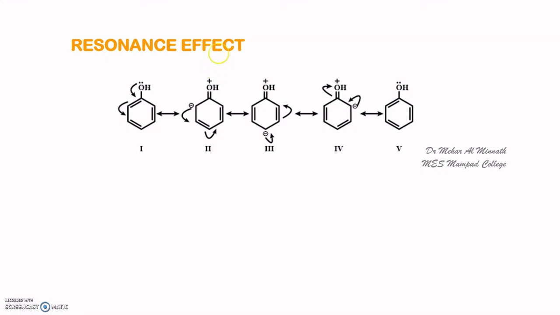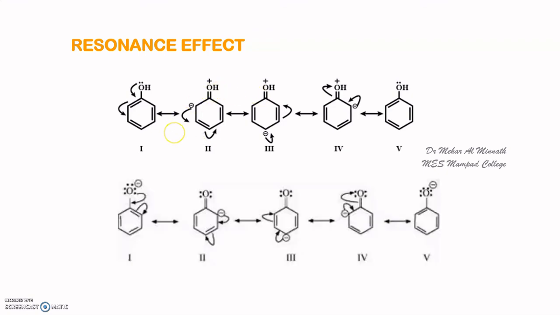The presence of this positive charge on the oxygen will help in the release of the proton, and thus phenol is highly acidic. Moreover, when a proton is released, a phenoxide ion is formed, and the phenoxide ion is resonance stabilized by these 5 resonance structures. You can see here the negative charge on the oxygen also becomes delocalized in the aromatic ring.